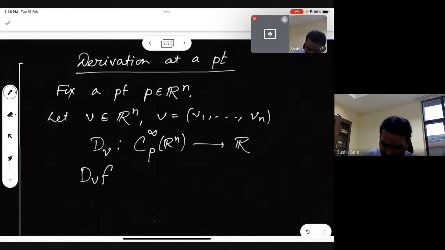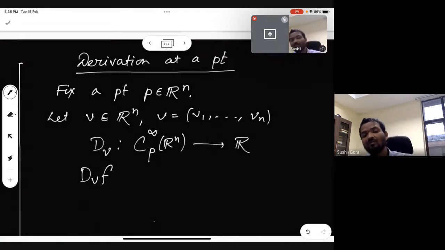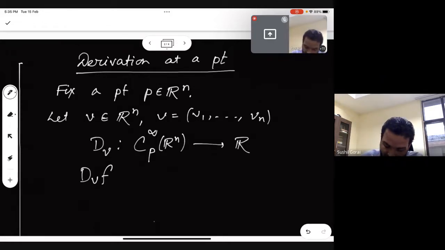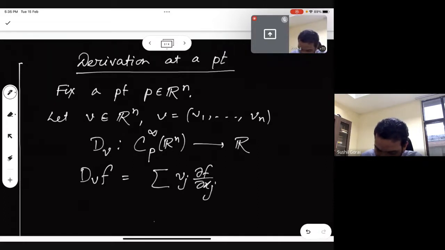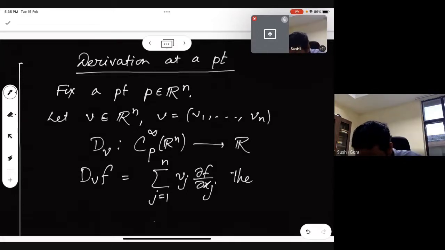So D_v f, let's take a germ f defined on some neighborhood U, so the derivative is defined. Once there is a neighborhood where a C infinity function is defined, you can take the derivative. And now D_v f will look like summation v_j del f by del x_j, j from 1 to n. This is the derivative, the directional derivative.